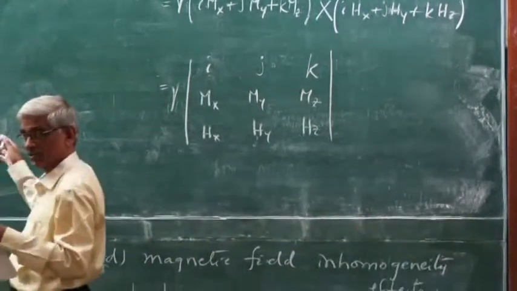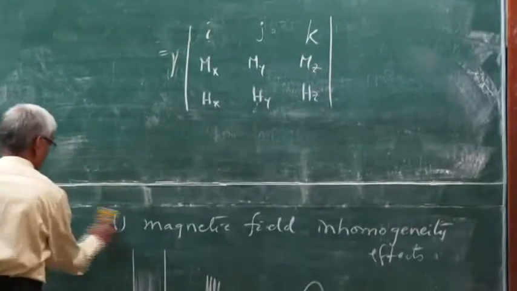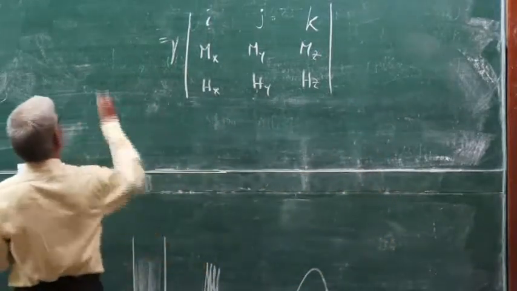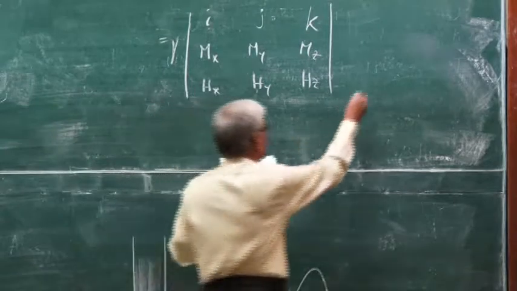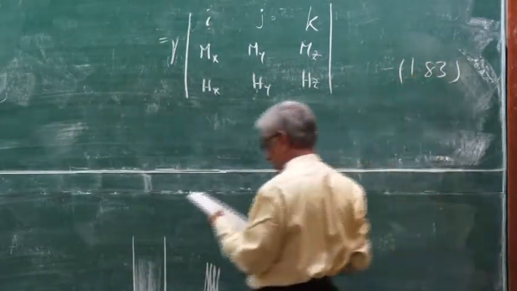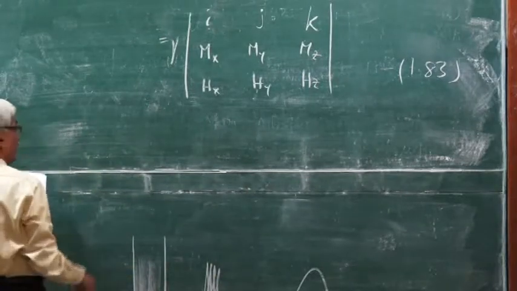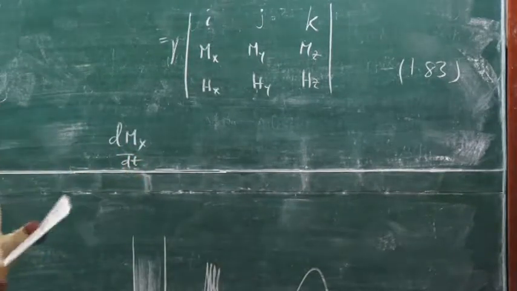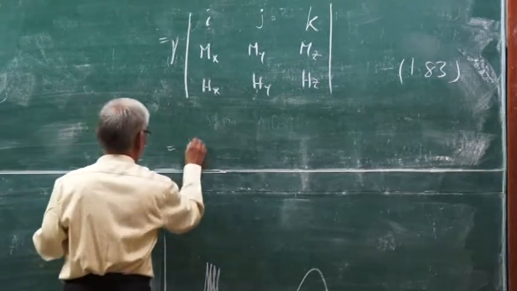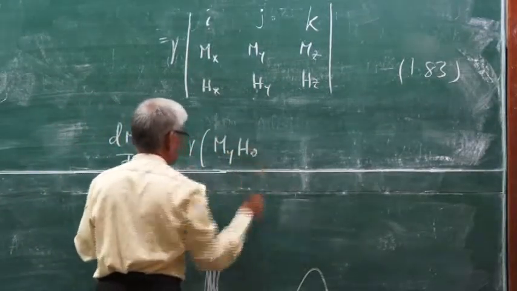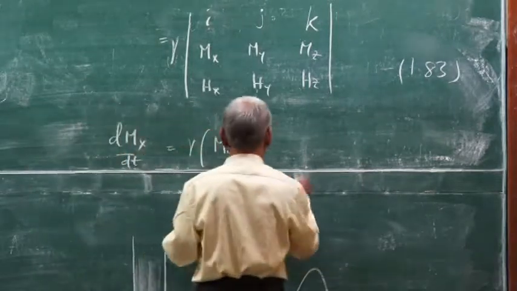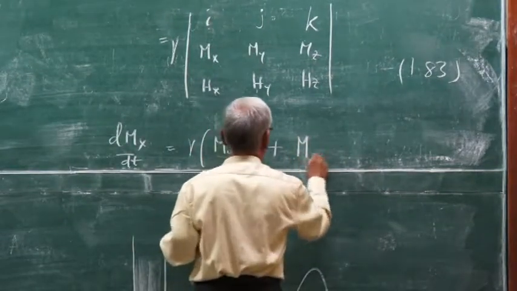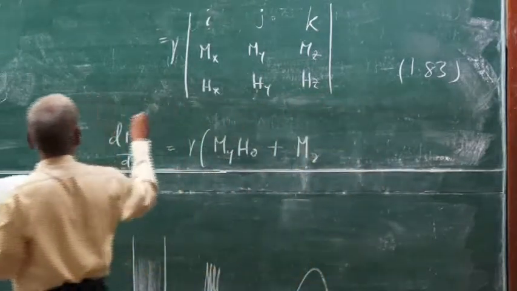Good job expanding that now. Simplifying that, dMx/dt, now we can write in terms of the components, is equal to gamma My H0 plus, okay, now I have to explain a little here. What is Hx?